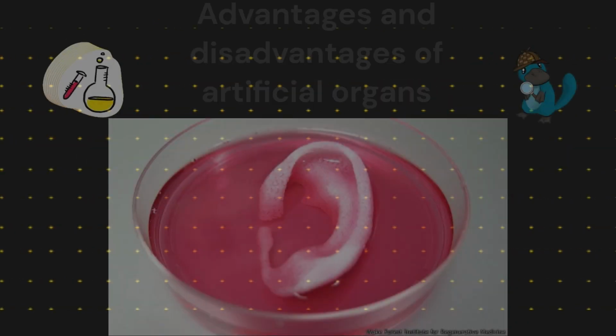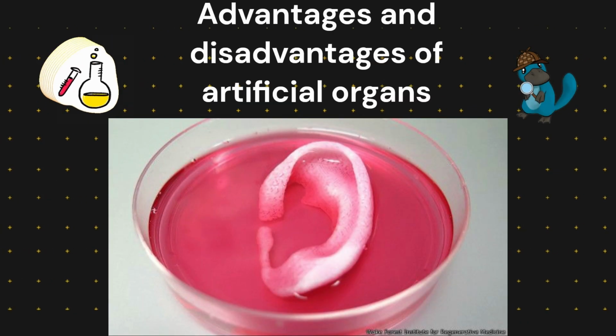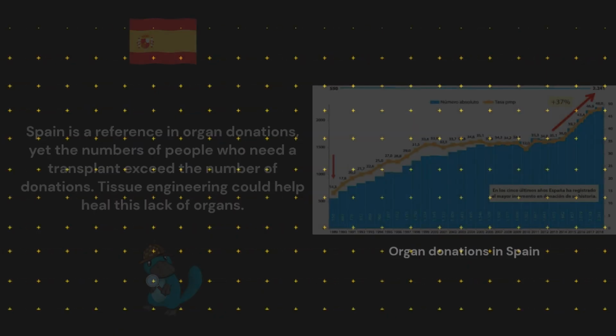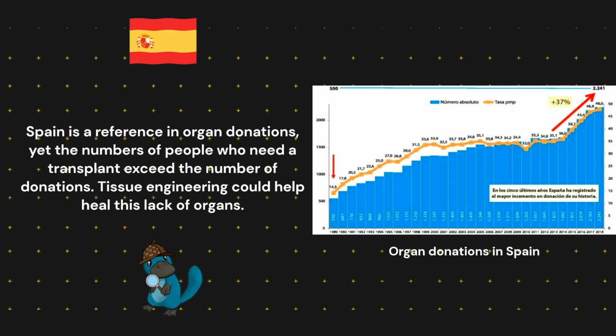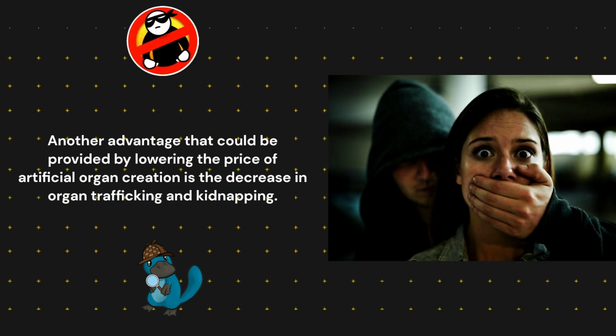Advantages and disadvantages of artificial organs. Spain is a reference in organ donations, yet the numbers of people who need a transplant exceed the number of donations. Tissue engineering could help heal this lack of organs. Another advantage that could be provided by lowering the price of artificial organ creation is the decrease in organ trafficking and kidnapping.